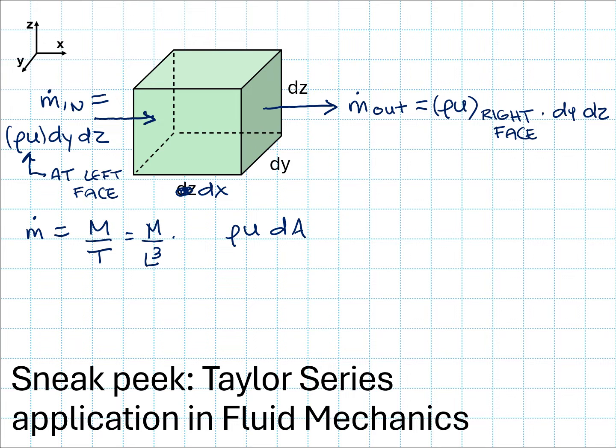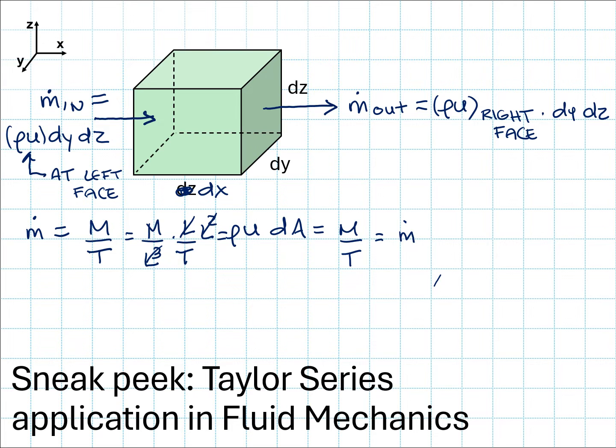My velocity would be a length per unit time. And my dA would be a length to the power of 2, leaving me with a mass per unit time, which of course is my mass flux.